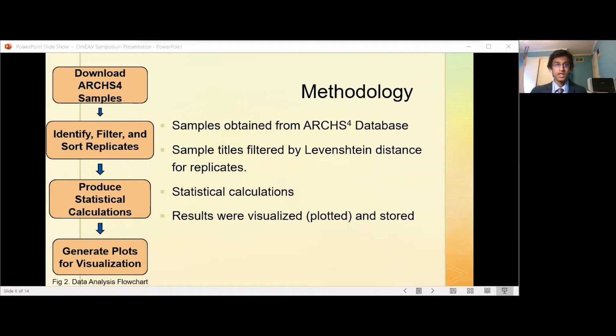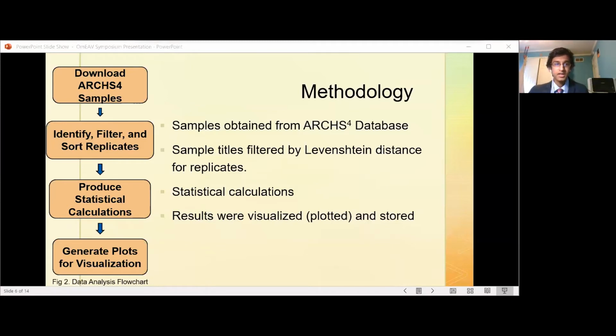Next, I created a Python script that essentially took all of the data sets, the samples, and separated them out, and found all the replicates using the sample title. So how I did that was, there's this really cool thing called Levenshtein distance.